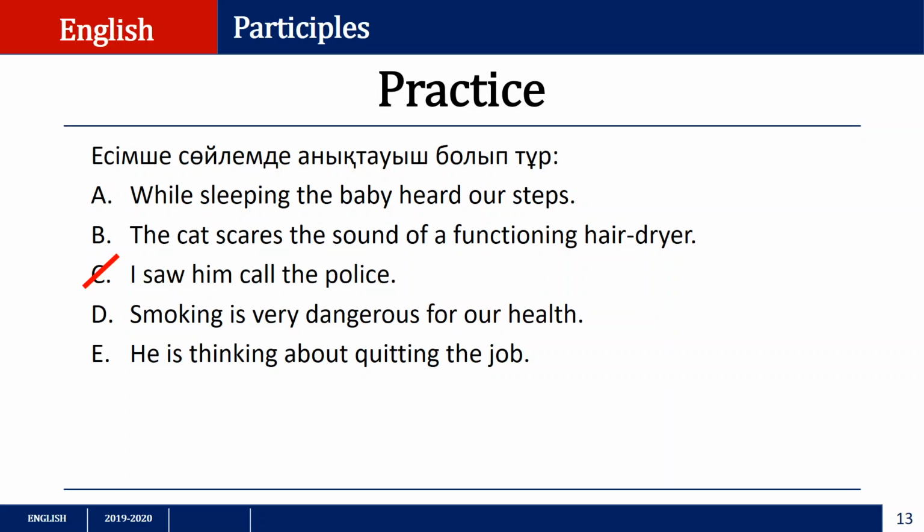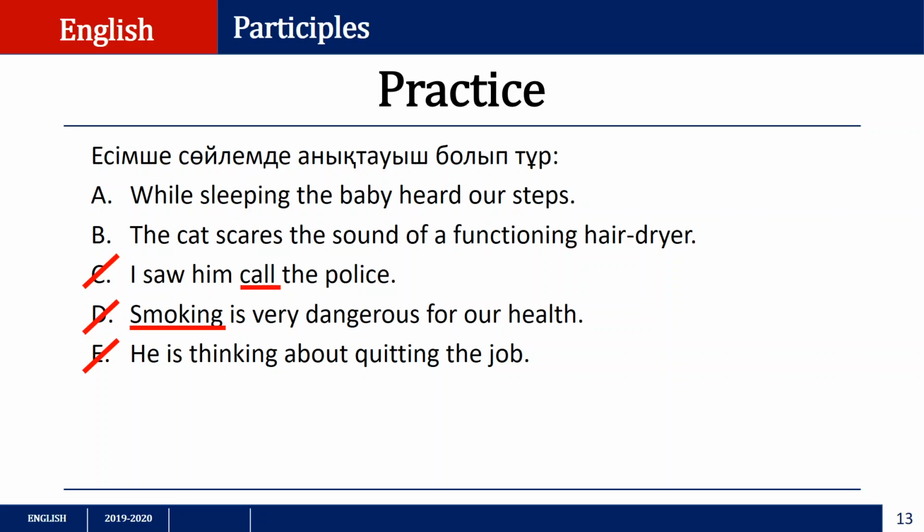Call is bare infinitive. Smoking is very dangerous for our health. Although we have verb ing, smoking, it's not an attribute. It is the subject. What is very dangerous for our health? Smoking.